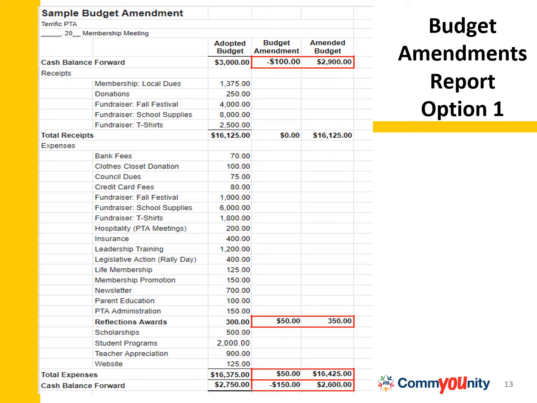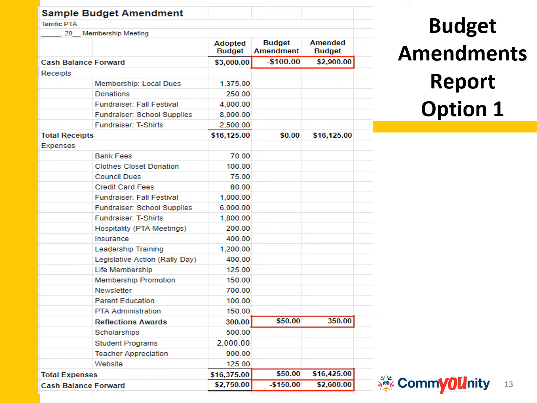In the example, the actual cash balance forward at the beginning of the year is $100 less than what was planned at the annual meeting. As a result, the budget amendment column shows a negative $100, and the amended budget shows $2,900. The Reflections Committee has asked for an additional $50, and no other committees are in need of additional funds, so the Reflections budget amendment is $50 for a total amended budget of $350.